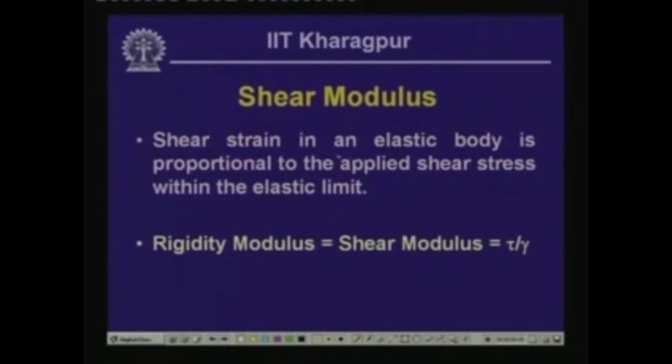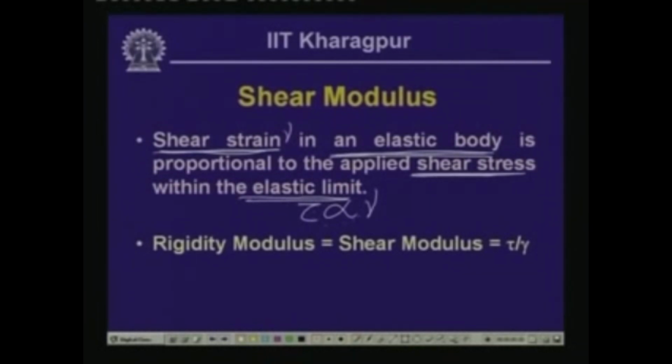So, in an elastic body, up to the elastic limit, the shearing strain is proportional to the applied shear stress. The shear stress, as we have seen earlier, we designate by tau, and shear strain, as we have seen now, we designate by gamma. So, tau is proportional to gamma within the elastic limit.